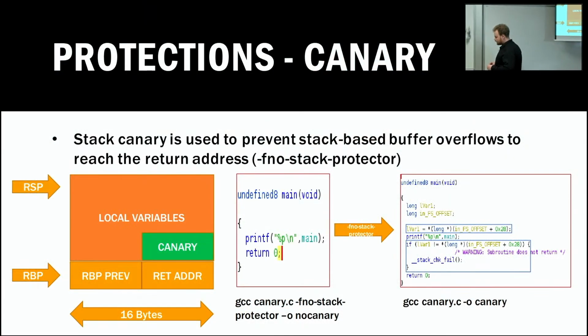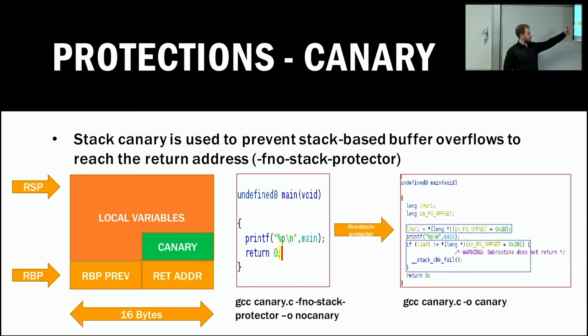Okay, then we have the canary. We talked a little bit about the canary the last time we were here. The stack canary is used to prevent stack-based buffer overflows from reaching the return address.